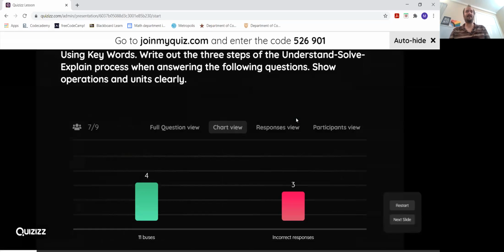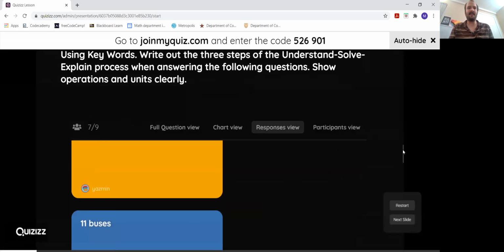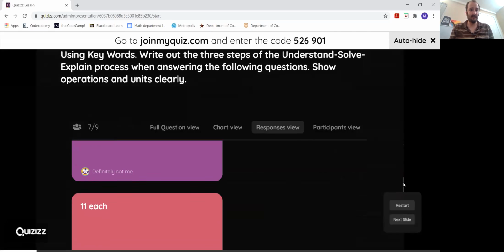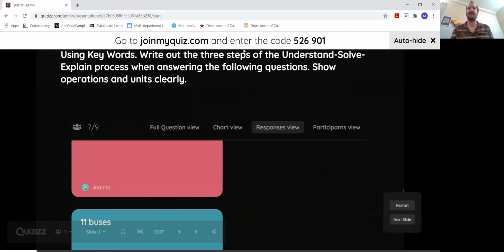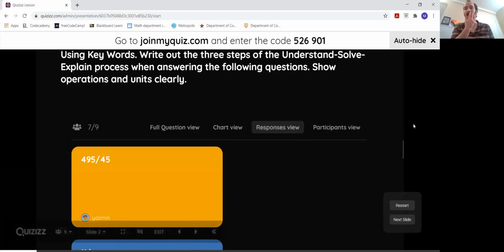So it should be 11 buses. So what are y'all saying? Yes, you're dividing it, but I want a response. That would be part of the explain part. You have to explain it. You have to tell me the number. You have to tell me the unit. So it should be 11 buses.